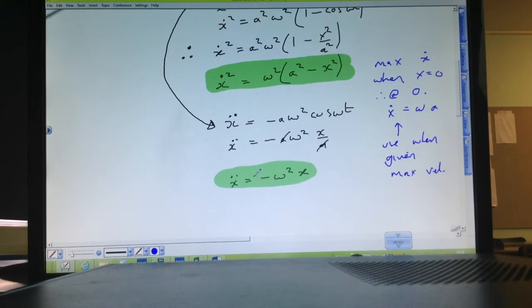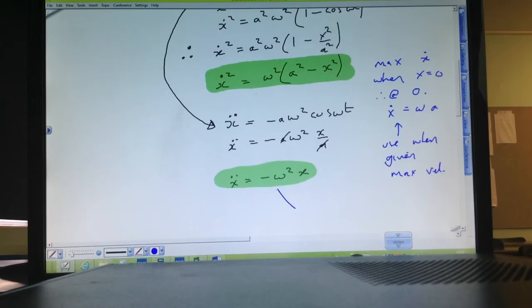This one here: you can see that you get maximum acceleration, as in the magnitude of the acceleration. You're frequently just looking at the magnitude of the acceleration. The maximum acceleration is when x is maximum. Do you agree? And therefore it's on the extremities, as I talked about the other day.